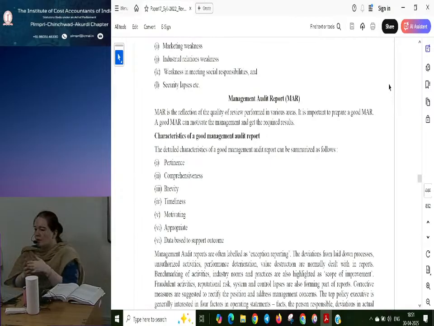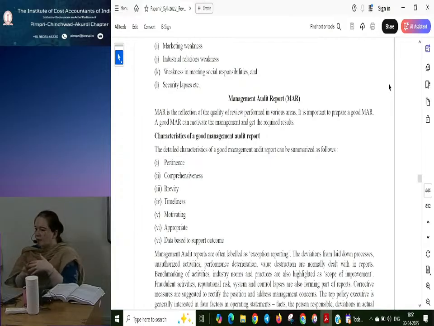It is the reflection of the quality of review performed in various areas. It's not like the cost audit report, where we have certain formats to follow and it's easy to implement. You have to really look into the purpose of the management audit, and that will be the main motive behind how your management audit report will look.